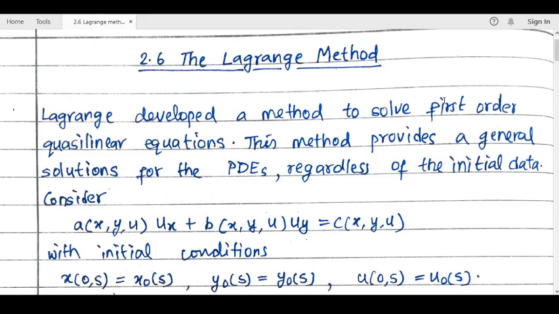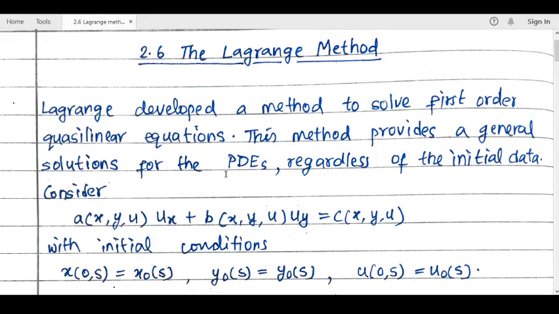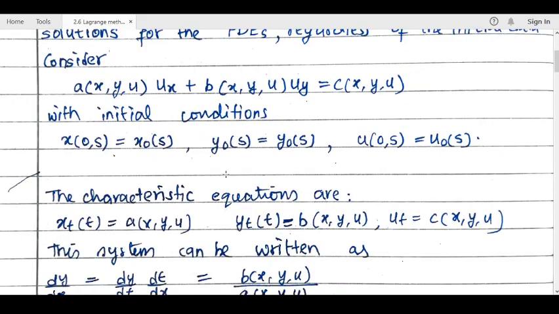So we will see how to do problems using the Lagrange method for solving a quasi-linear partial differential equation. Consider our standard type of quasi-linear PDE, which is a u_x plus b u_y equal to c, where a, b, c are functions of x, y and u.